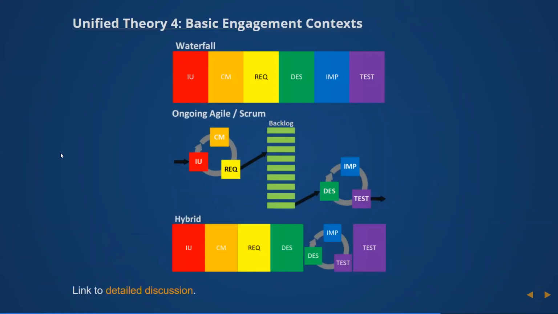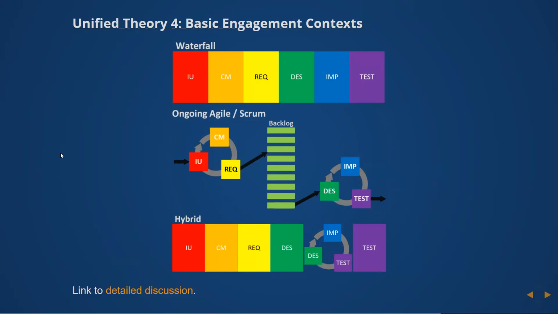The next thing I wanted to talk about was that all these different phases can be done in different ways. In waterfall, in theory, you do all the phases in order, but as a practical matter, nobody just marches through to the end, declares done, and off you go. There's always iteration and communication within and between phases.